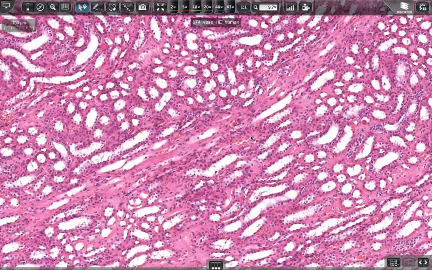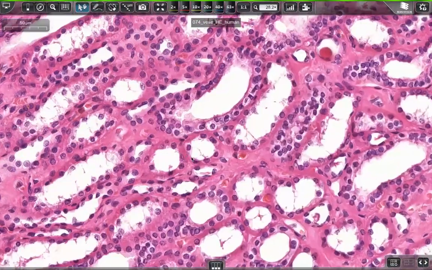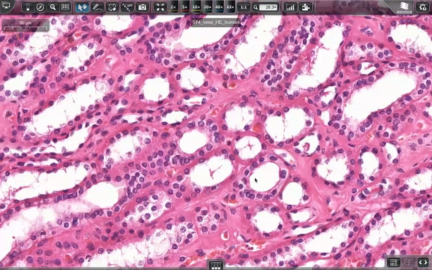And then in the medulla, we can find numerous lumens of the collecting tubules and loops of the Henle tubules. So looking at this, this is definitely a loop of Henle. Here we have a collecting tubule, really nice, straight appearance of the cells. This is also a collecting tubule.